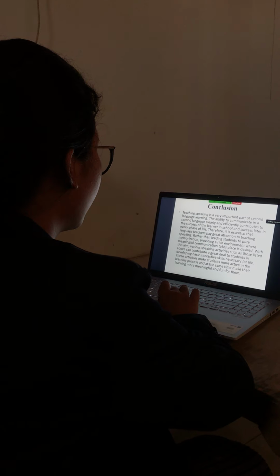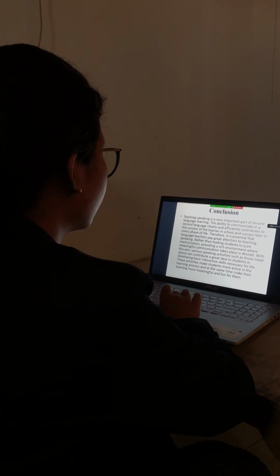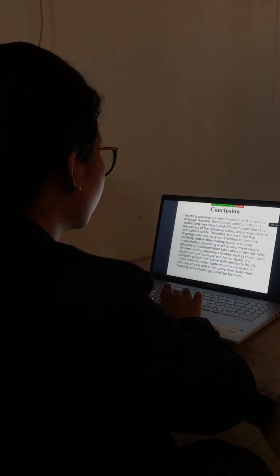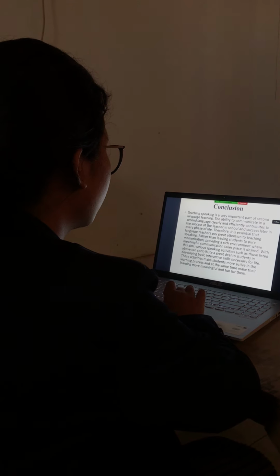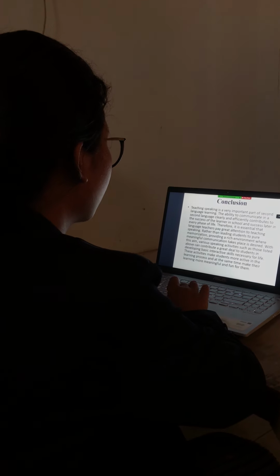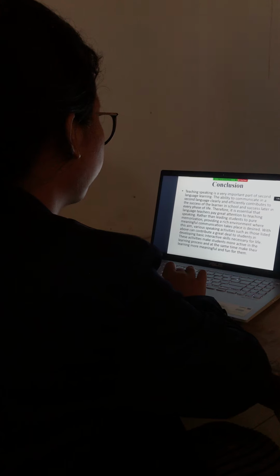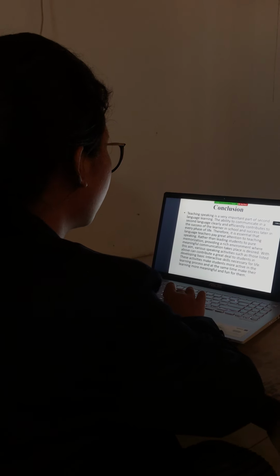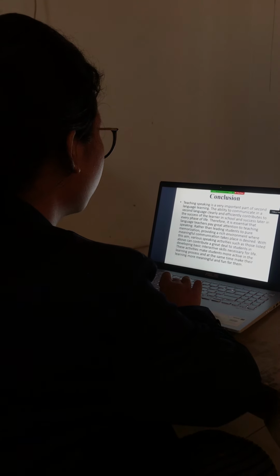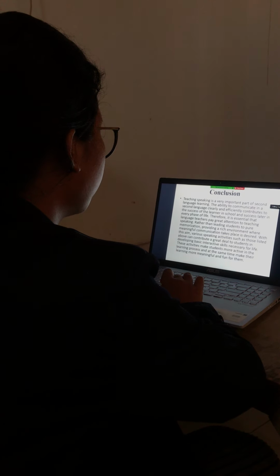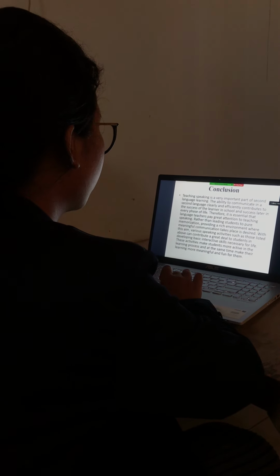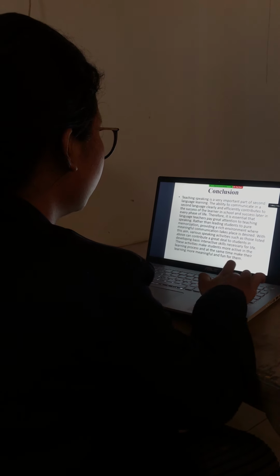With this aim, various speaking activities such as those listed above can contribute a great deal to students in developing basic interactive skills necessary for life. These activities make students more active in the learning process and at the same time make their learning more meaningful and fun for them.